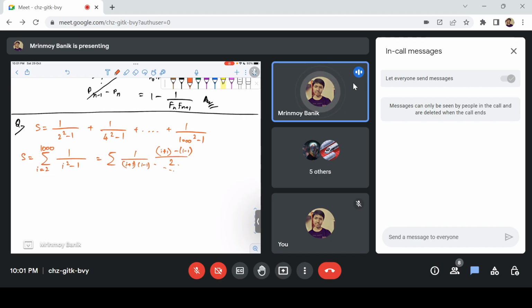This was pretty simple. So there are a lot of variants like this. Let me try with, okay, this one looks interesting.